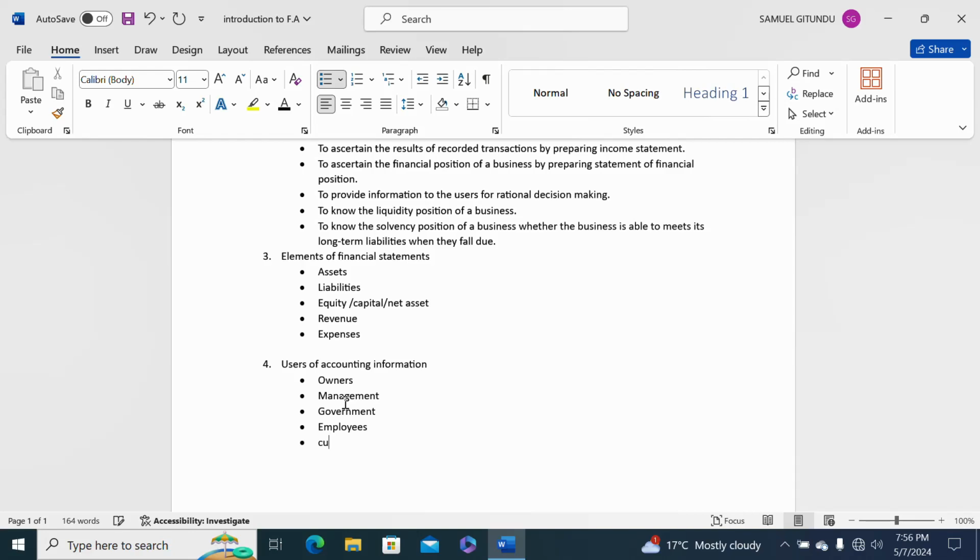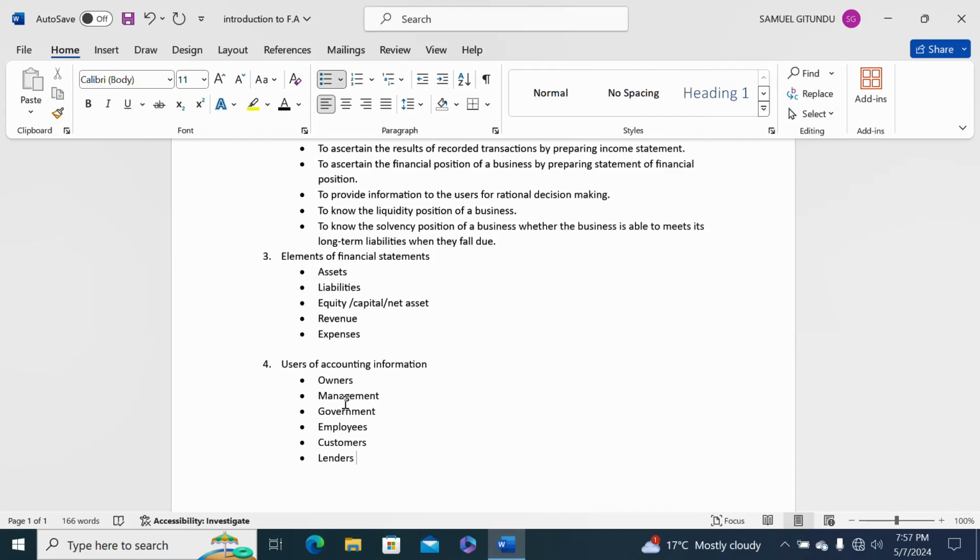Then we have customers. Customers also need accounting information to know whether their order will be delivered in time. They require to know whether the business is able to meet their future orders. So customers also require accounting information for such kind of purposes. Then we have the lenders, those who provide the business with money, or we can have the creditors here.